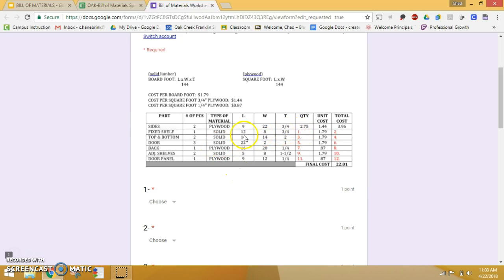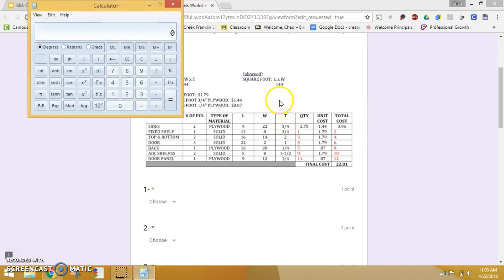Number one's right here. It is asking us for our quantity of board feet. We have solid wood here, so that's going to be our length times our width times our thickness, but remember, less than an inch, we round up, okay? Divided by 144. So let's do 12 times 8 times 1. It's 96.